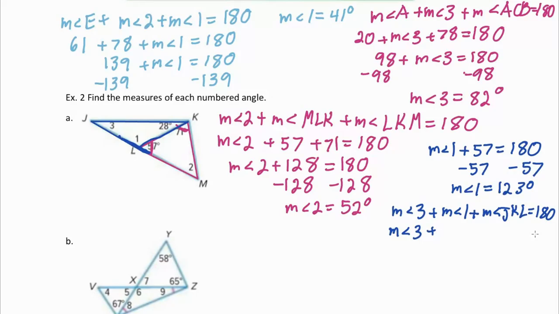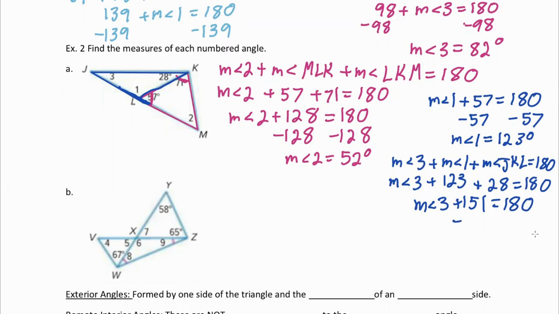We just found the measure of angle 1, it's 123. And the measure of angle JKL is 28. So we'd get the measure of angle 3 plus 151 equals 180. And then we'd subtract 151 from both sides. So we'd get that the measure of angle 3 is equal to 29 degrees.